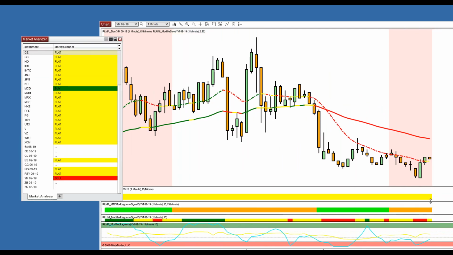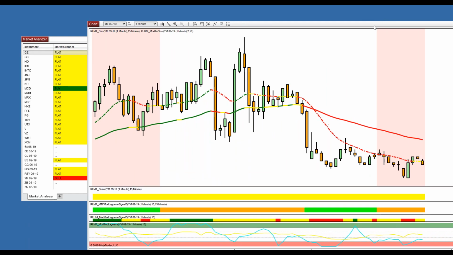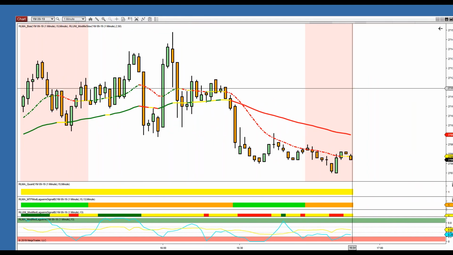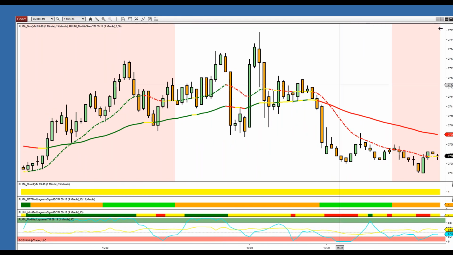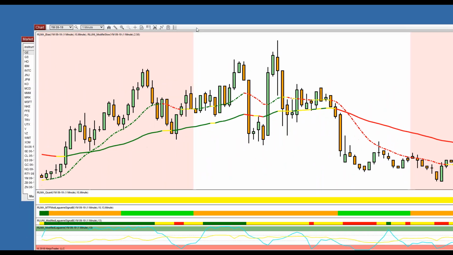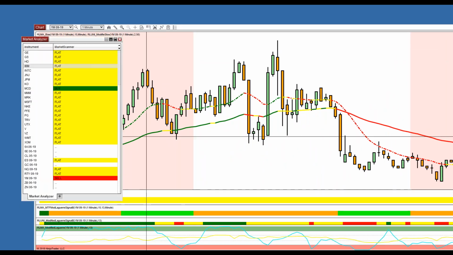Well, it's not quite a sell because we don't have a red line here. I don't know why we're getting that. It might be because of the fact that the market is dead.